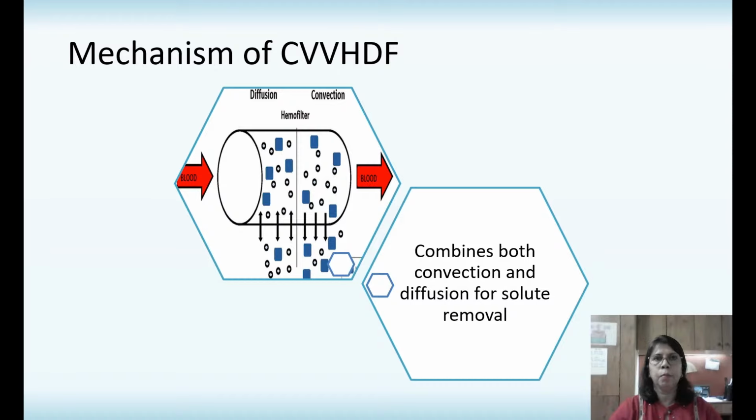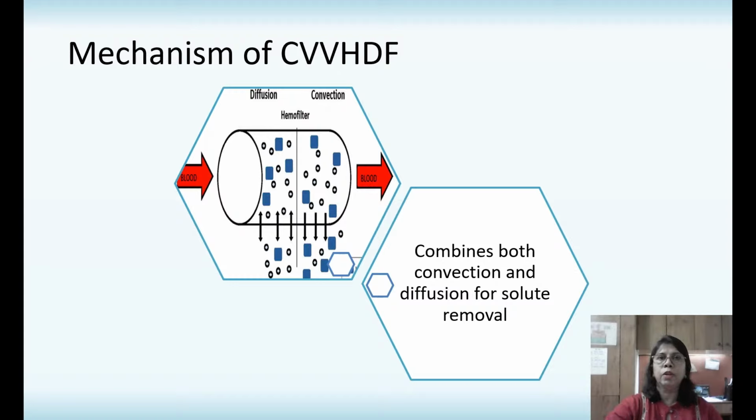CVVHDF combines both diffusion and convection for removal of the solute molecules. In convection, the larger molecules and the smaller molecules are removed until the particle size is almost equal to the pore size. And in diffusion, the smaller molecules are removed according to their concentration gradient from the blood to the dialysate.